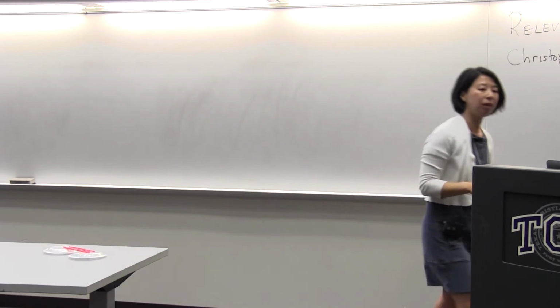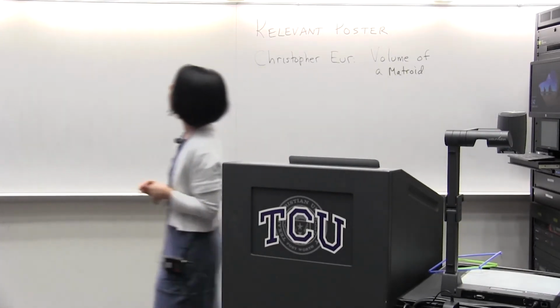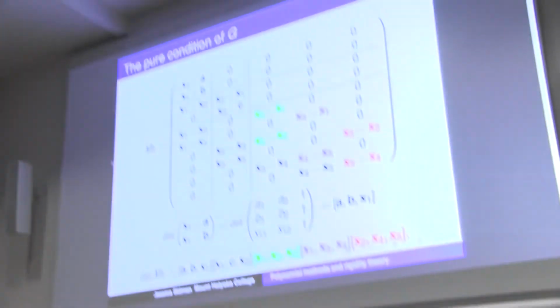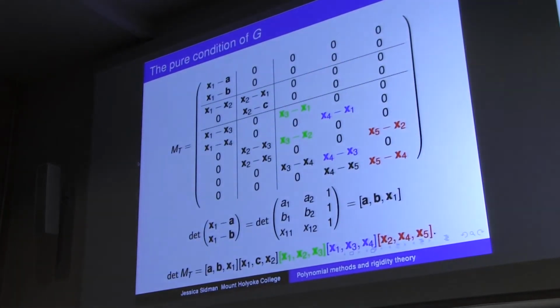And so the pure condition of that framework has 1, 2, 3, 4, 5 factors. It's the product of 5 brackets. The first 2 of the brackets involve the extra tie-down variables that I got from tying down my vertices.